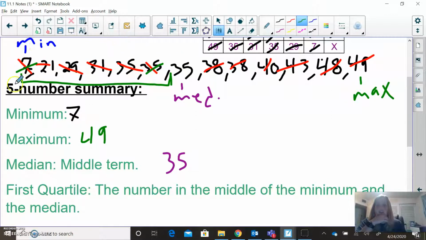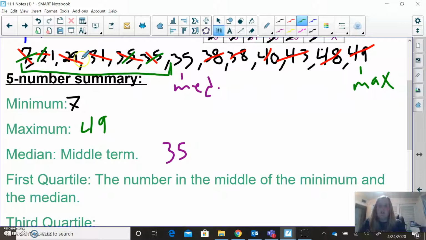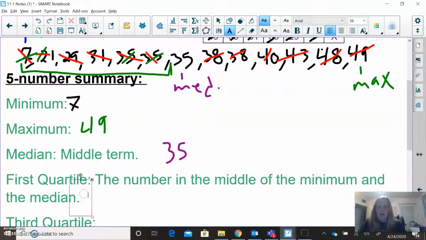Start at the left, go right, left, right, left, right. So we got the 21, 35. We've got 2 numbers on either side crossed out, but we've got 2 numbers in the middle. So we're going to take the 29 and the 31 and add them together. 29 plus 31 equals 60.